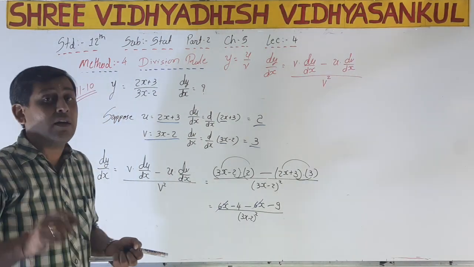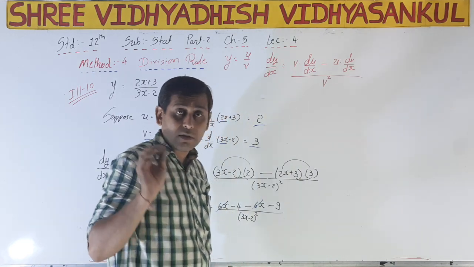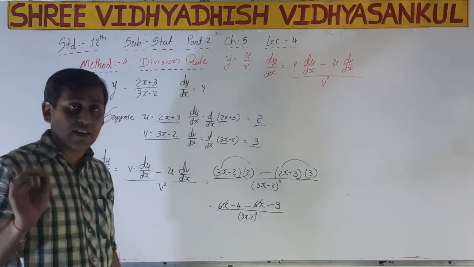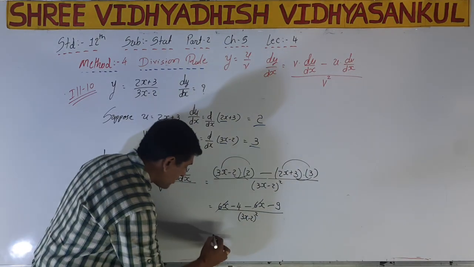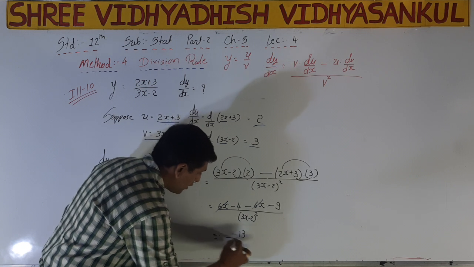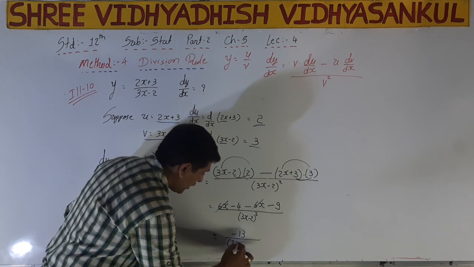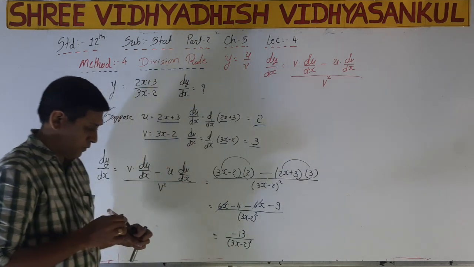Minus 4 minus 9. See, minus minus plus, but we have to write the highest amount sign, that is ninth sign is negative, so we have to write minus 13 divided by (3x minus 2) all square.